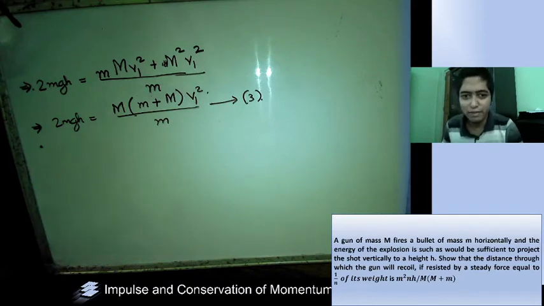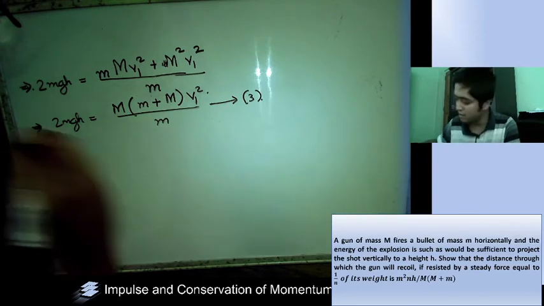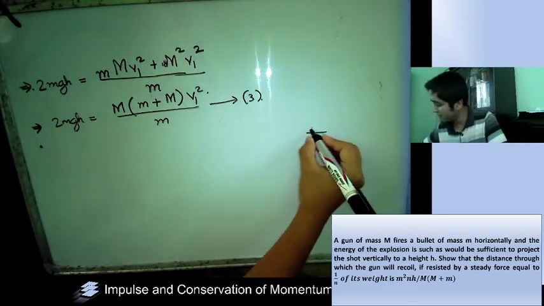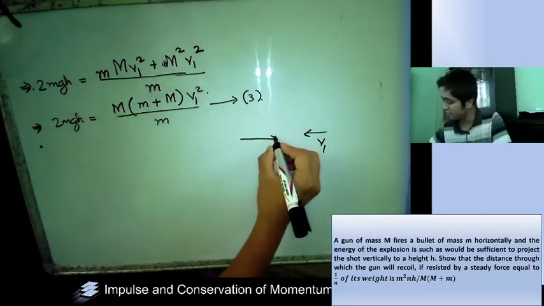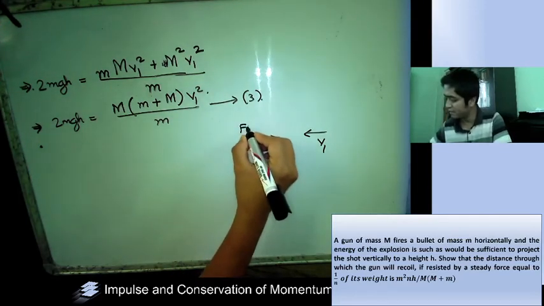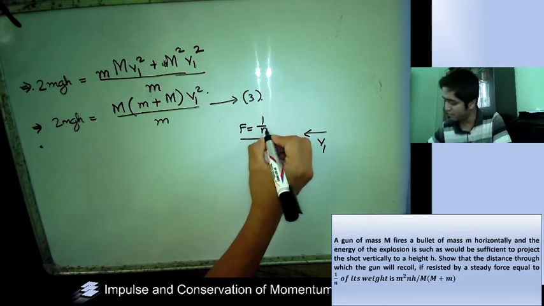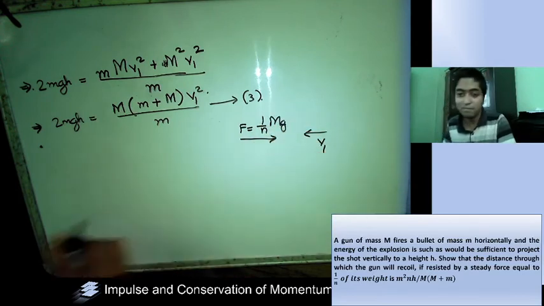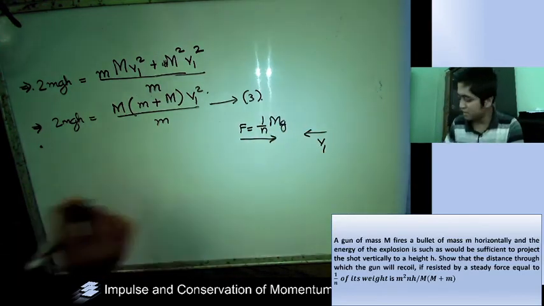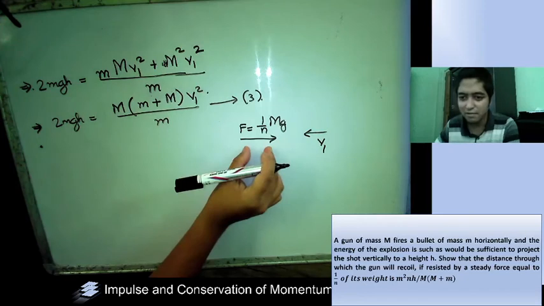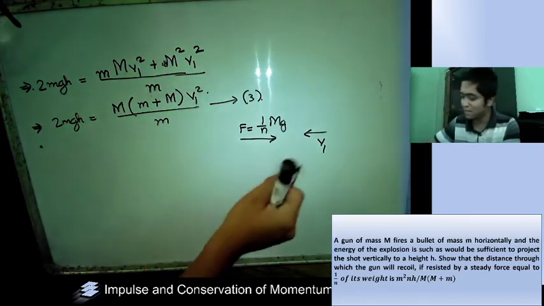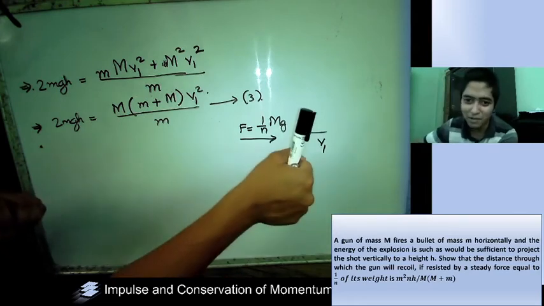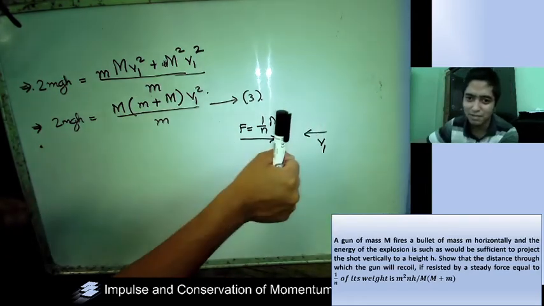So now what we will do is, after the explosion, this gun is traveling with velocity v1 in this direction, and there is a resistive force F. The resistive force is equal to 1 by n mg. This resistive force is necessary to stop this gun. So this gun will be traveling some distance. Just like when you are holding a gun, you will shoot in this way.